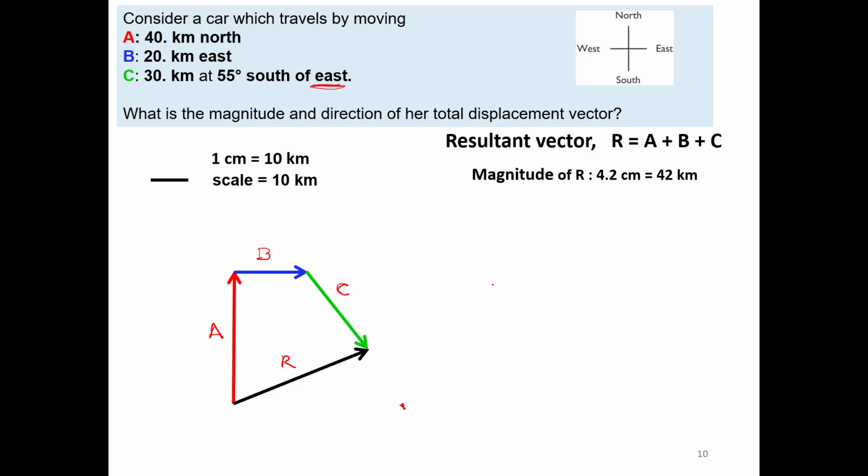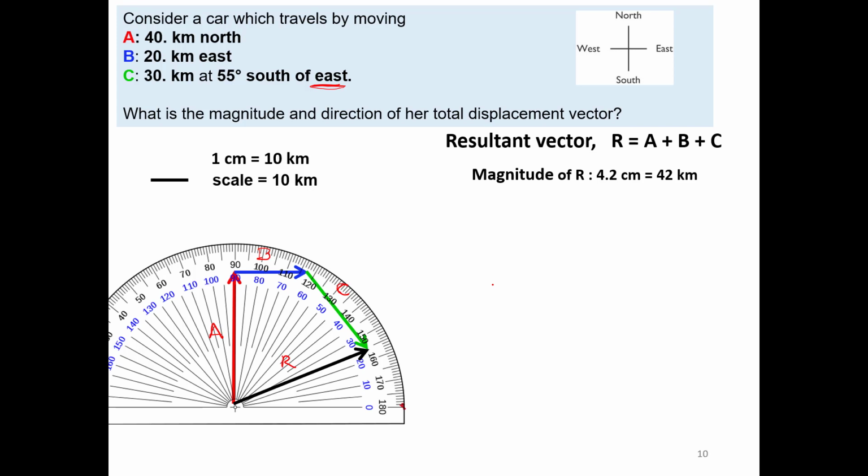Now to measure the direction, we need to use the protractor. Then this is the vector we want to measure. And this vector is in this quadrant. There are two possibilities. You can measure this angle, or you can measure this angle.